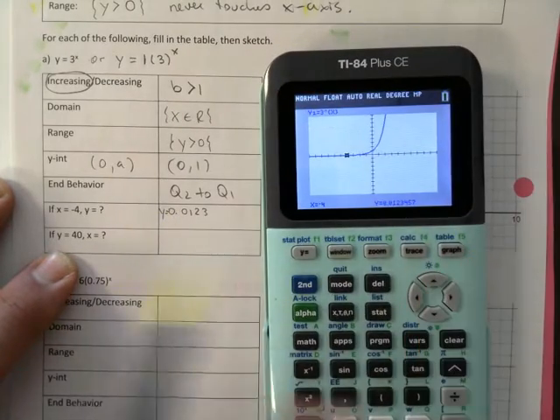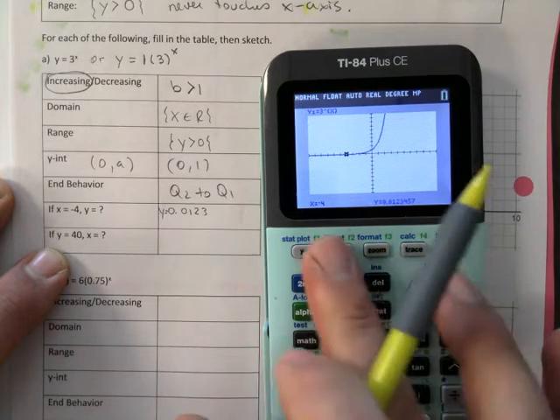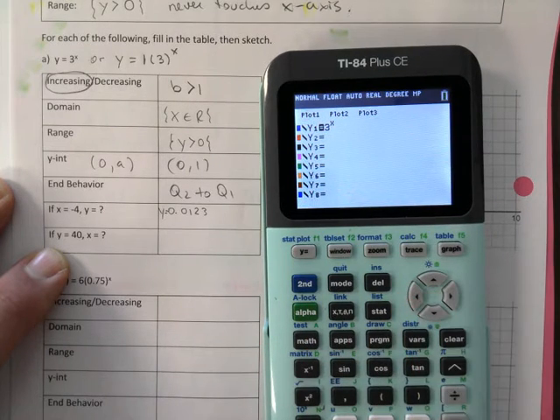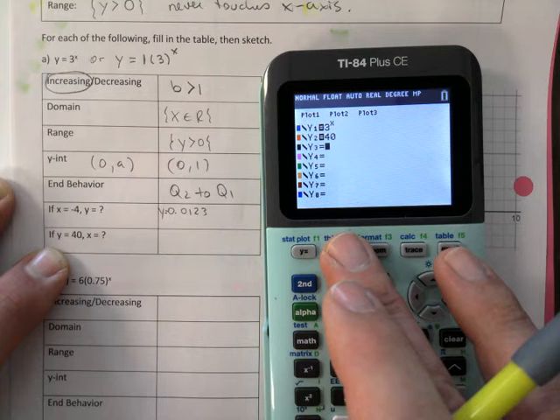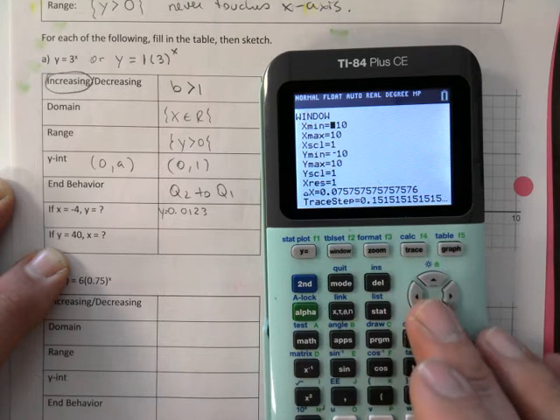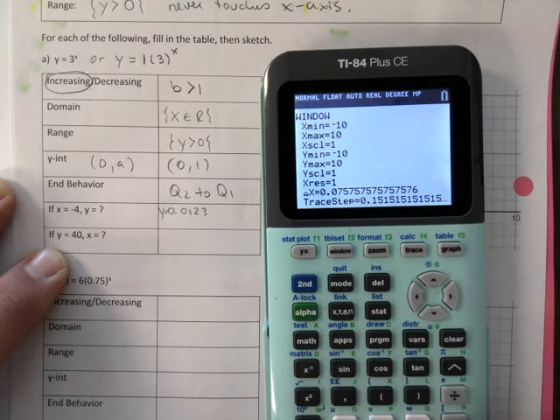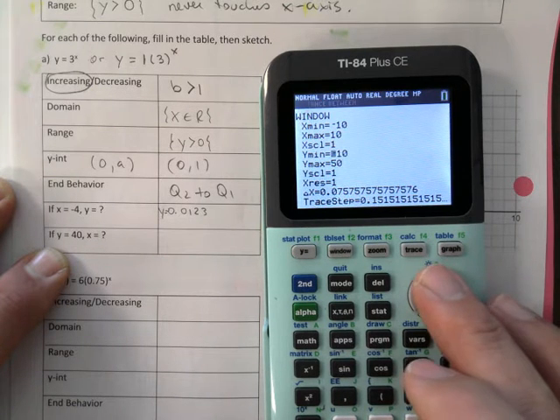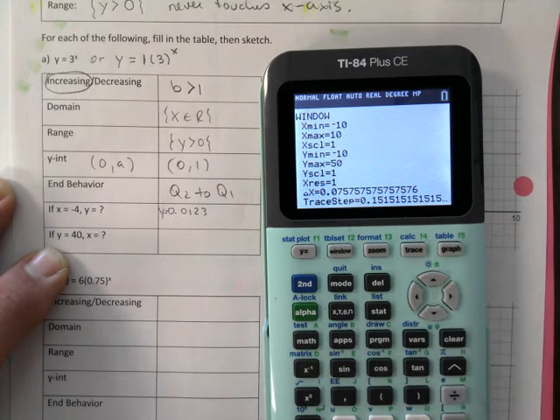On the other hand, if y is equal to 40, I need to type it into y2. And what's the problem with my current window? It's too small. I need to go to my window and turn y max to 50. And I have a feeling I'm going to have to increase the x max as well, so I'm going to go 50 there as well.